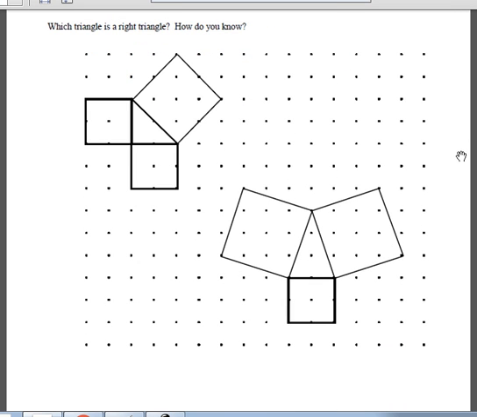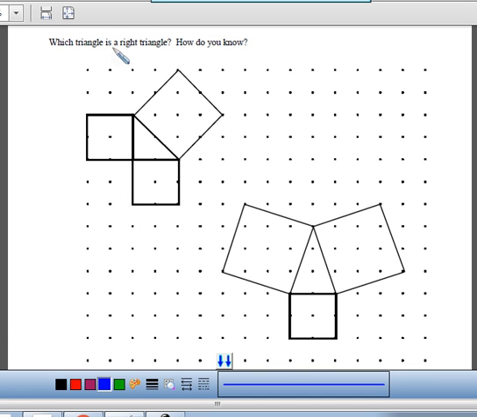So I've got some examples, just quick ones to talk about on this page. When I'm looking at this picture and looking at the question, which triangle is a right triangle, how do you know? Remember, we can always use a squared plus b squared equals c squared as a test to see.